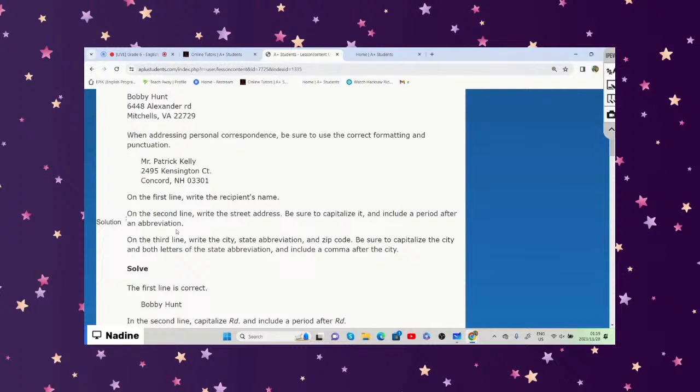All right, then on the third line, we have the name of the city, followed by a comma, then the state, which is abbreviated and needs to be capitalized, and then we write the zip code. And that is basically the format of addressing correspondence.